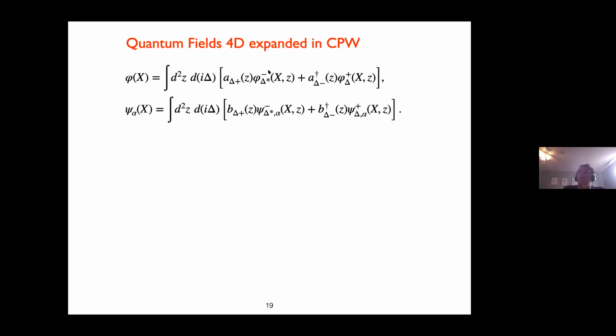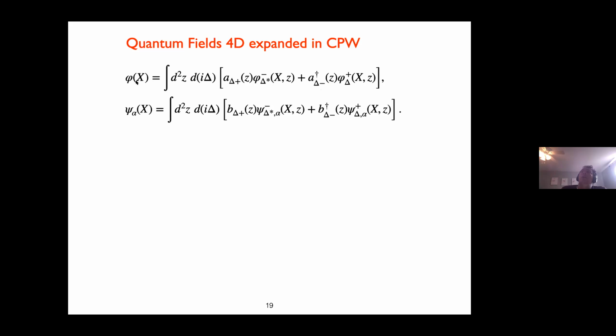Here, these pluses and minuses mean ingoing or outgoing scalars. I'm not going to be using this, I'm going to suppress them here. This plus implies an ingoing and this minus an outgoing.